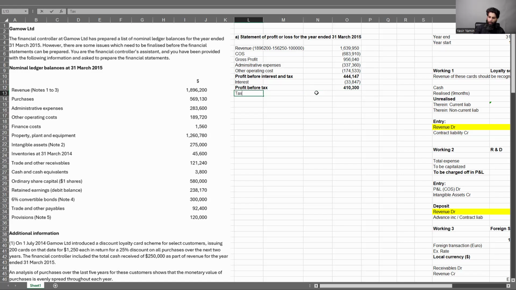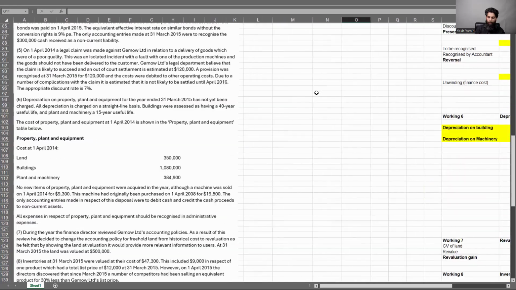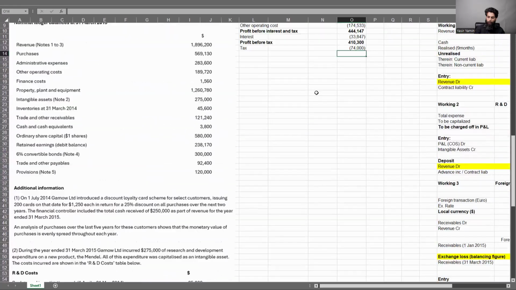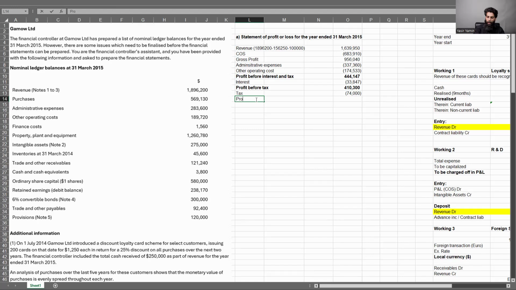Tax. Remember, it was 74,000. Let me just confirm. Yes. Now you have profit after tax. This 336,300. Add other comprehensive income. We have only one other comprehensive income, which is of revaluation gain.